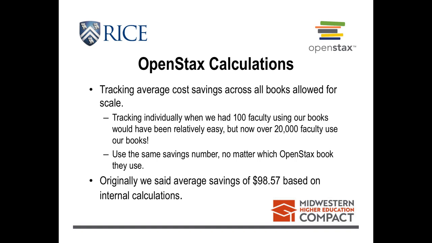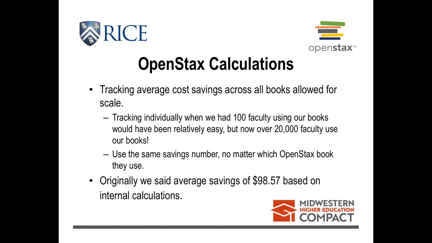Our original average savings number that we used up until this academic year was $98.57. That was just based on some internal calculations. We have a couple people on our team who are previous publisher representatives, so they were able to take their industry experience and work through that, looking at rentals, used books, things like that.